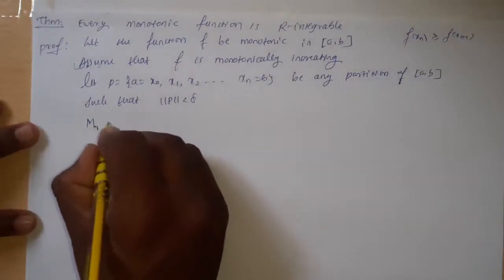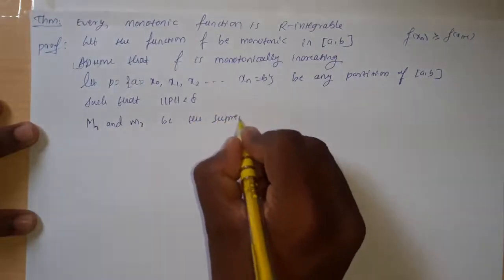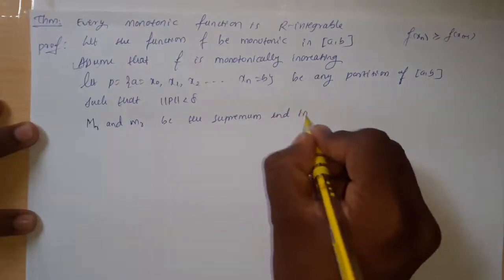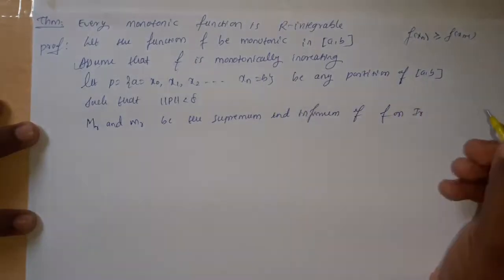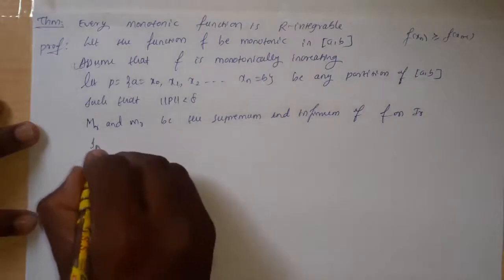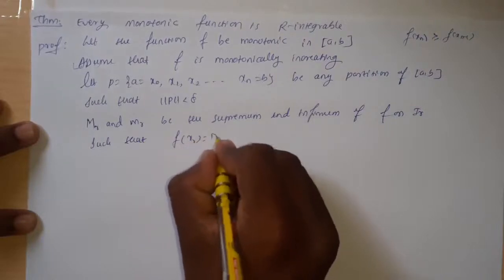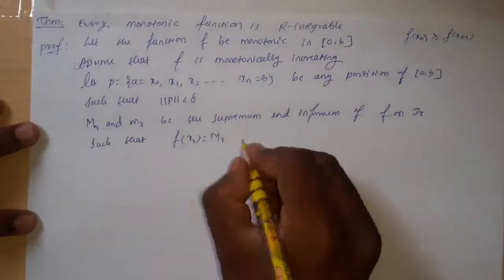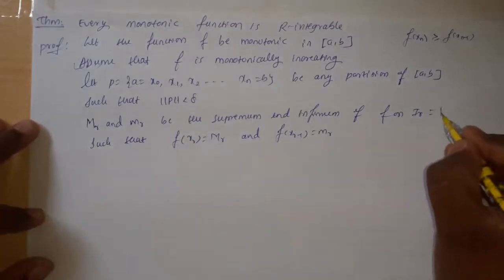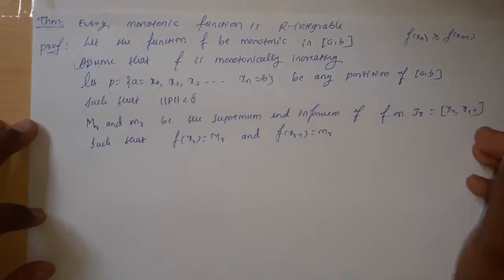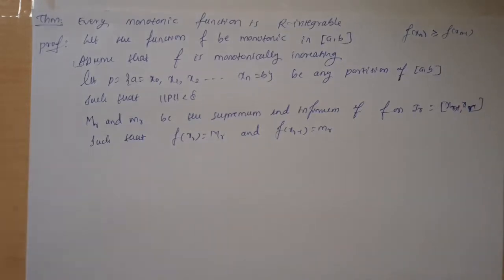Now let capital Mr and small mr be the supremum and infimum of f on the rth subinterval Ir, such that f(xr) equals Mr and f(xr-1) equals small mr. Here Ir is [xr-1, xr], where xr-1 is the lower bound and xr is the upper bound.